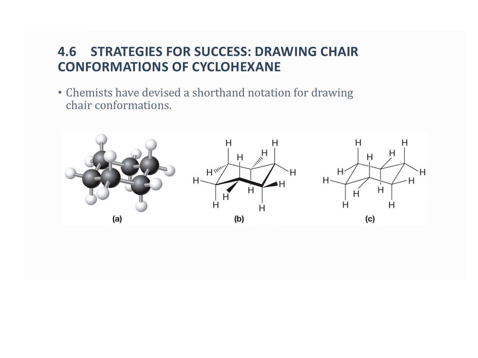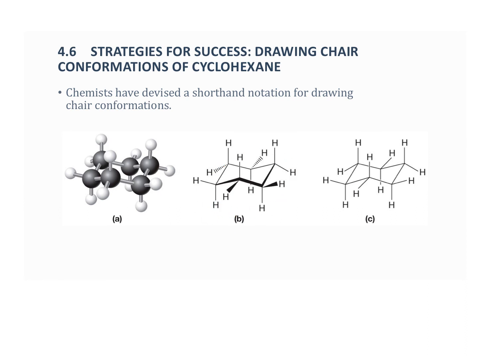When we draw chair conformations of cyclohexane, it would be really cumbersome to do it three-dimensionally using a ball and stick like this, okay? This would be a dash and wedge notation, and that's also a real pain.